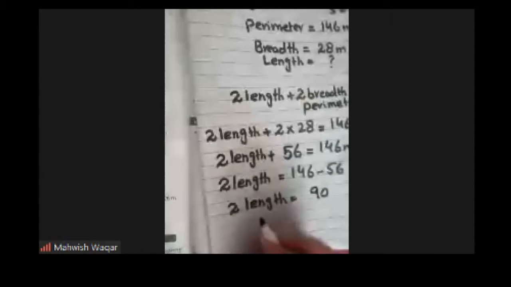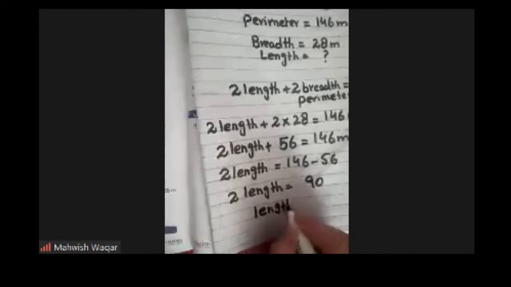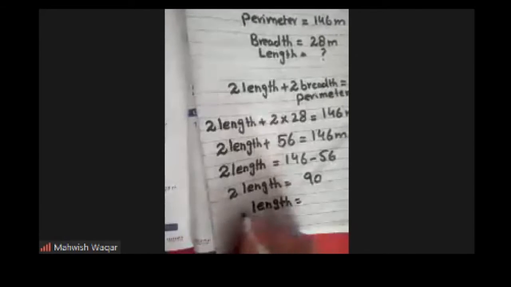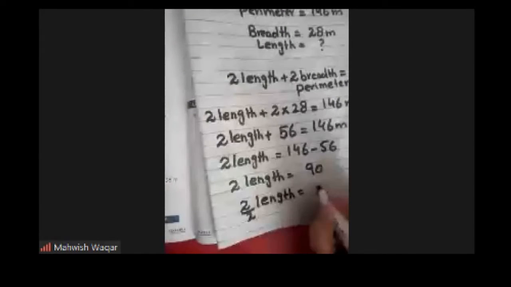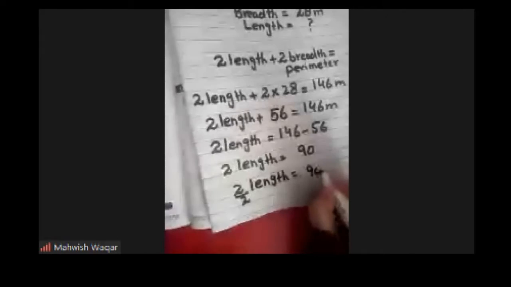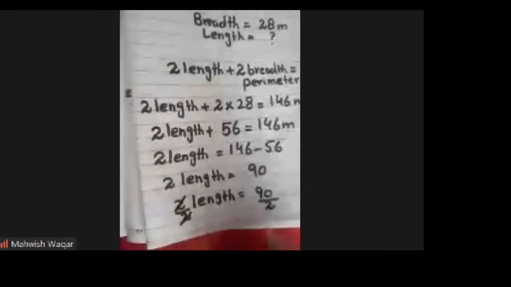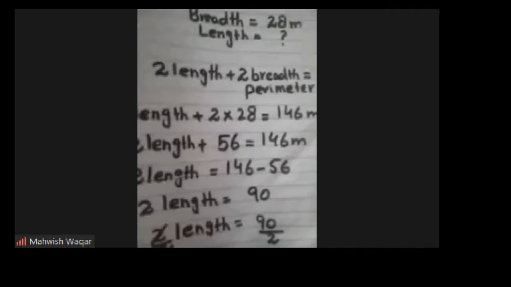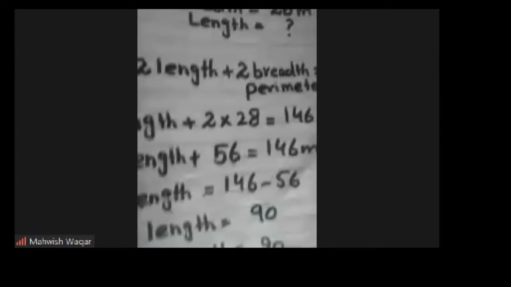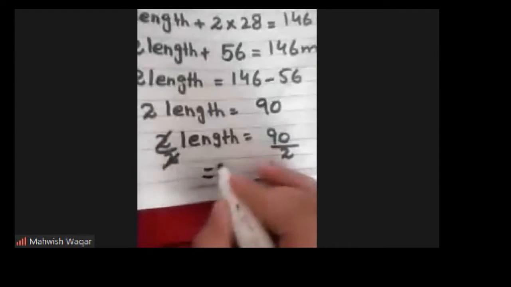So length is equals to 90 by 2. When we divide 90 with 2, what will be the answer? 45 meter is the answer. You will write 45 meter.